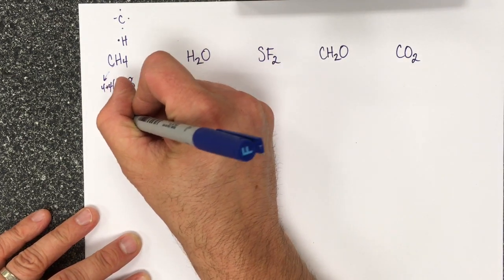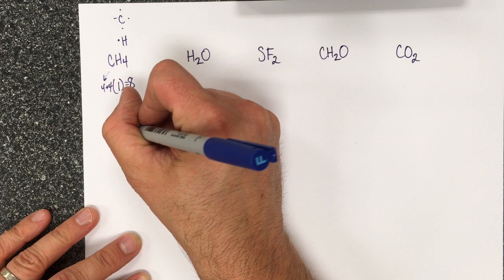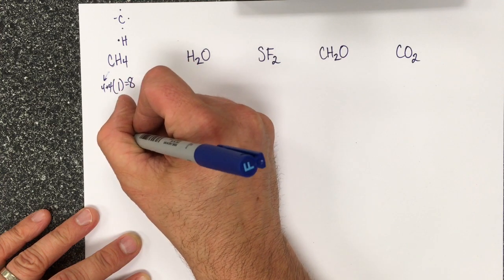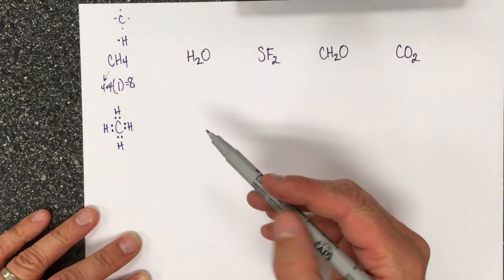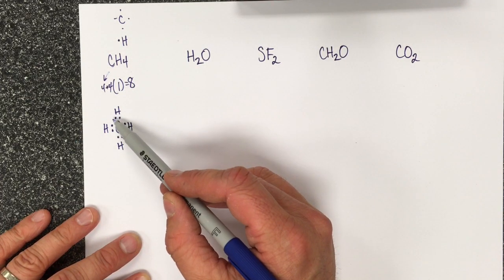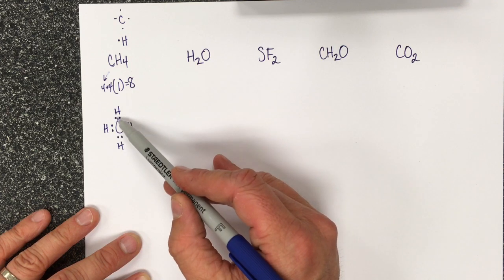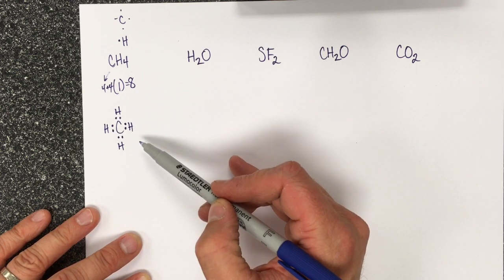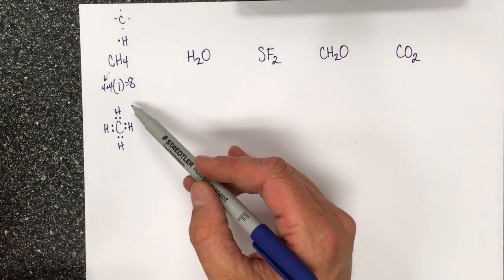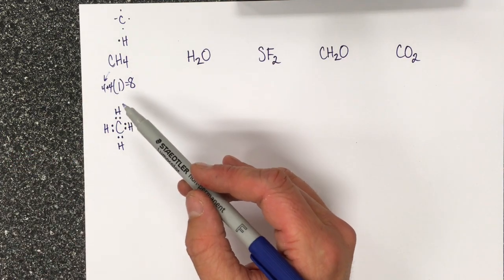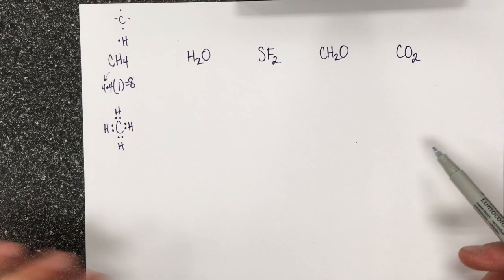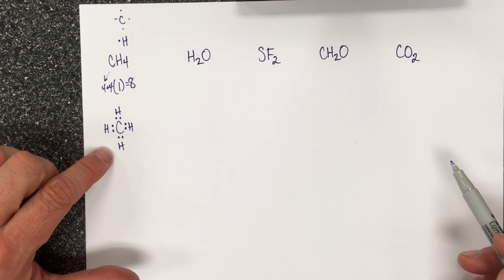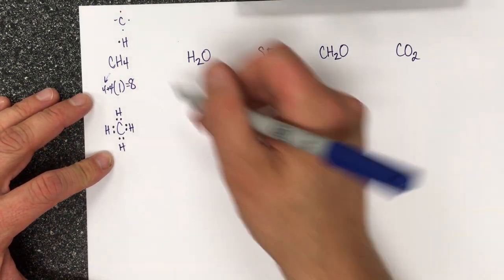Then I draw a bond between the central atom and each of the attached atoms. And in this case, I have completed my 8 valence electrons: 2, 4, 6, 8. So I've used all my valence electrons. I don't put any more out. Hydrogen can only accommodate 2 valence electrons because it's in the first period. So this is a complete Lewis structure, so we don't need to go beyond that.